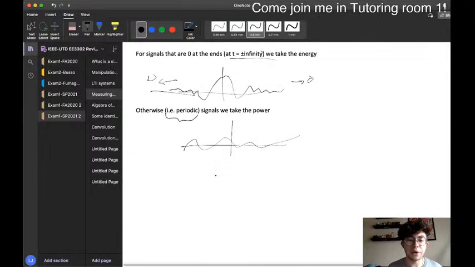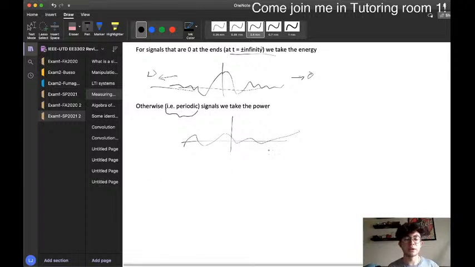So if we have our signal x again, the power P of x is going to be an average value of our power, and we're going to take the limiting case so that we can capture everything in our signal. This is our definition for power.